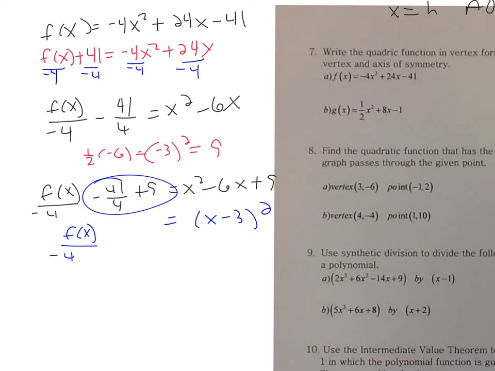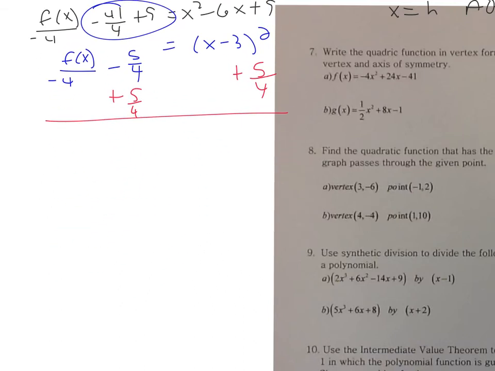So you can plug that in your calculator and get negative 5/4. Okay, so add 5/4 to both sides. I'm just going to move everything up a little bit. Okay, so I have negative f of x over 4 is equal to x minus 3 squared plus 5/4.